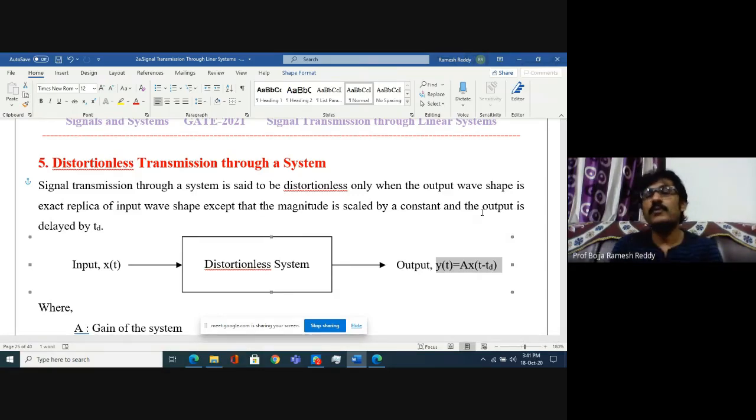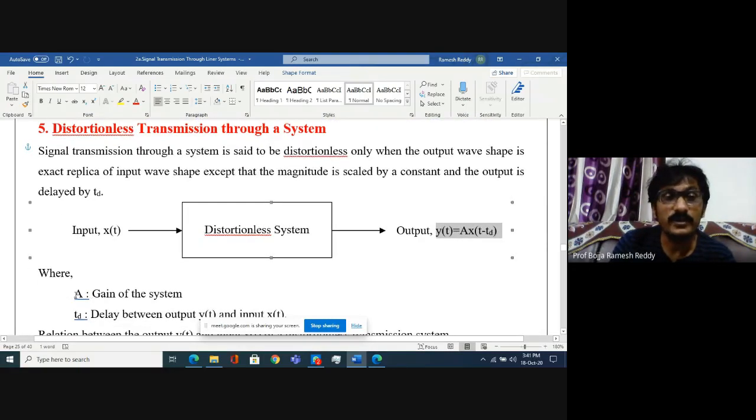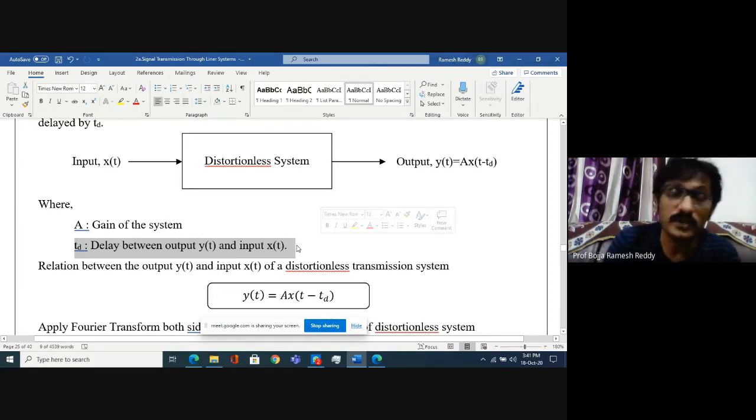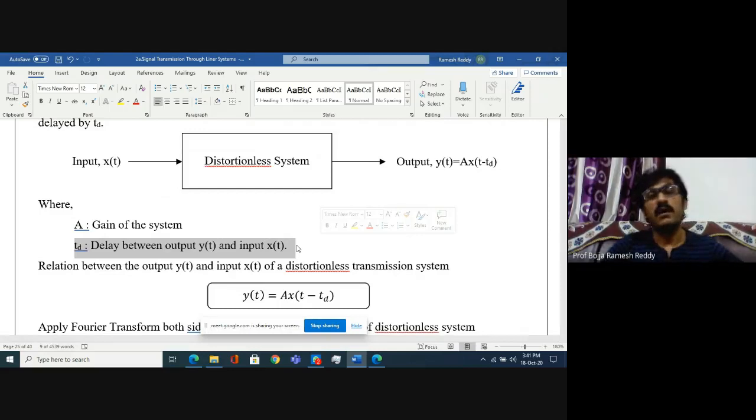These are the time domain characteristics of a distortionless transmission system, where y of t is equal to a into x of t minus td, where a is nothing but the gain of the communication system, and td is nothing but the delay between output and input, where the delay must be very low, that may be of the order of milliseconds, microseconds or nanoseconds.